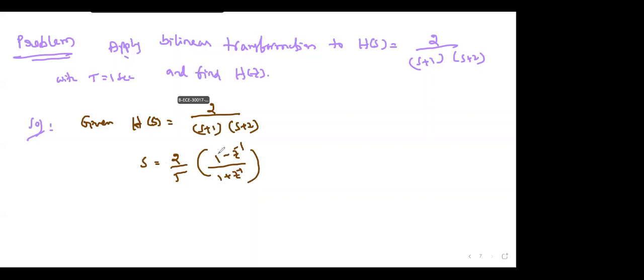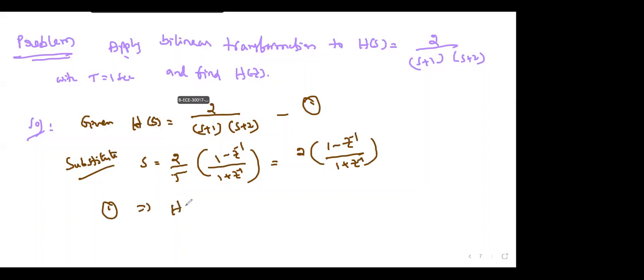Wherever s is there, simply substitute this. That's it. Over. Here T is equal to 1 second, so it is 2 into (1 minus z inverse) by (1 plus z inverse), right? Now you substitute in the first equation.